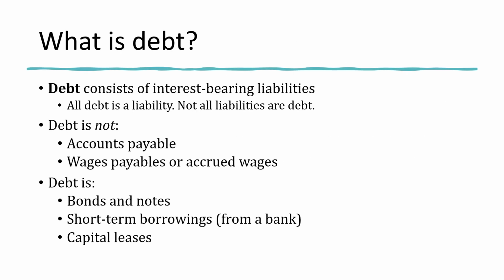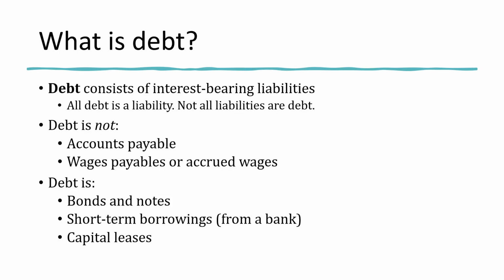Now, debt is defined as interest-bearing liabilities. So liabilities are what the company owes. Now, all debt is a liability, but not all liabilities are debt. In the examples that I just gave, accounts payable, accrued wages, they're liabilities, but they're not debt.